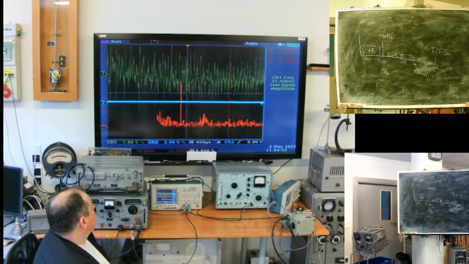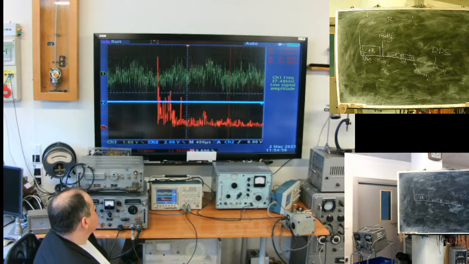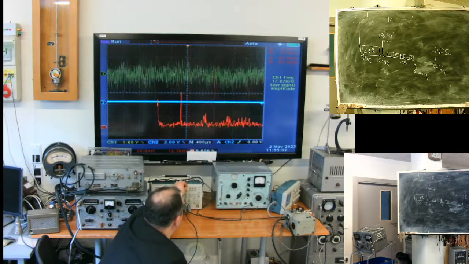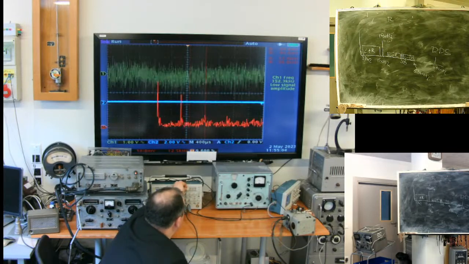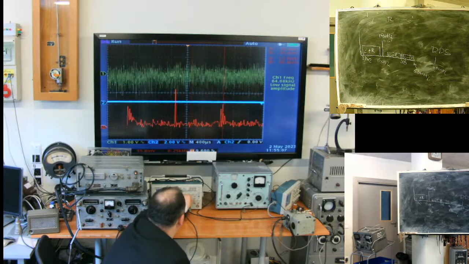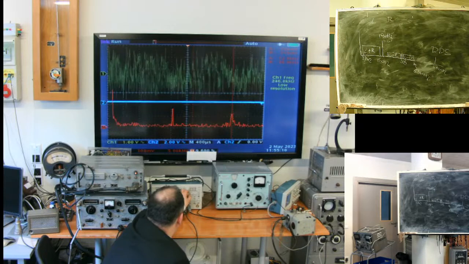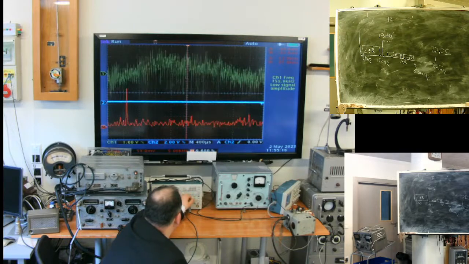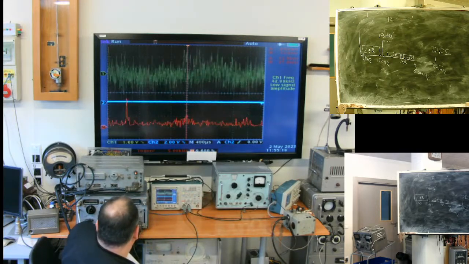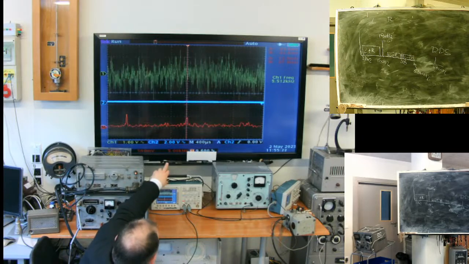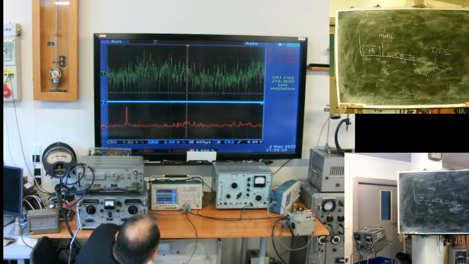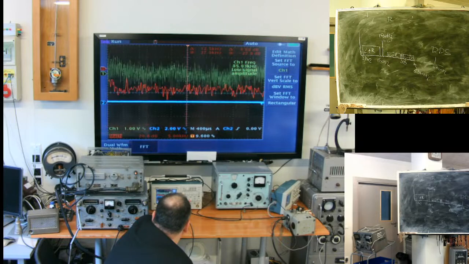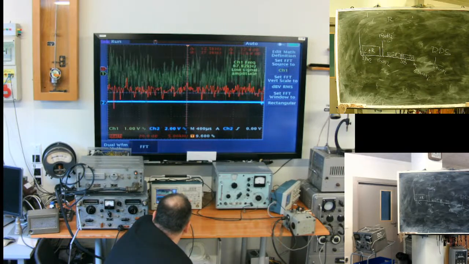Here should be the data. For 38, yeah, it's at the center of the balanced modulated signal. Maybe the signal is weak.